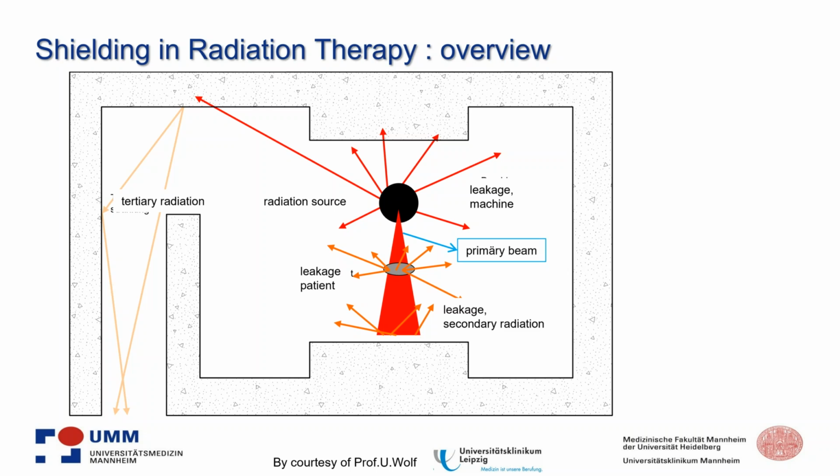So the maze has one constructional purpose: the maze limits the tertiary radiation in the direction of the door.